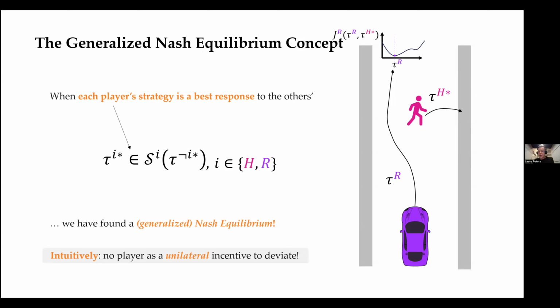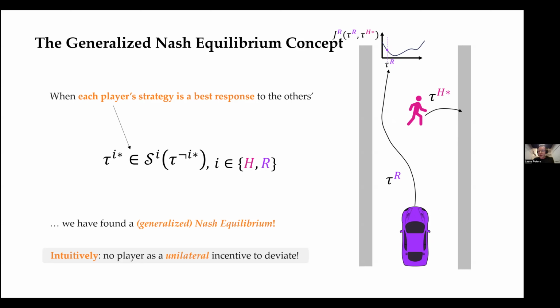So on the right, I've plotted the cost first for the robot at this equilibrium. And you can see that any other feasible choice of the strategy for the robot will always at least increase, not decrease the cost, right? So on the right, we've seen an increase of the cost. And if the robot was to choose a strategy a little bit to the left, they will also see an increase of the cost.